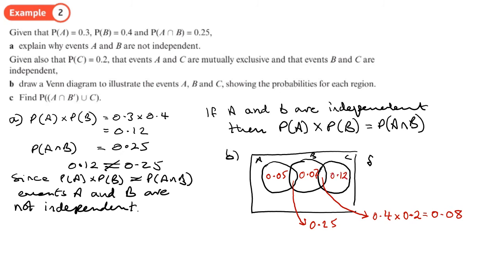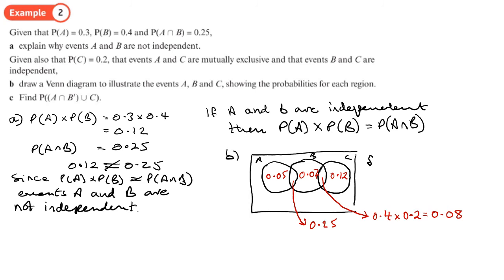Now remember, the whole lot needs to add up to 1, so there may be a number that goes on the outside. So let's add up what we've got. 0.05 plus 0.25 plus 0.07 plus 0.08 plus 0.12, and that leaves me 0.57.